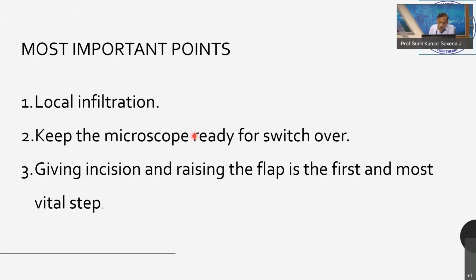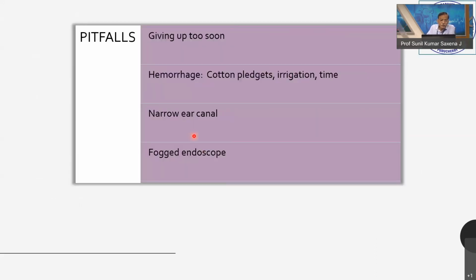Now, what are the pitfalls? Plenty of students start endoscopic ear surgery, but they give up too soon. So first and foremost, you don't have to give up too soon. Keep on working hard. Keep on trying.